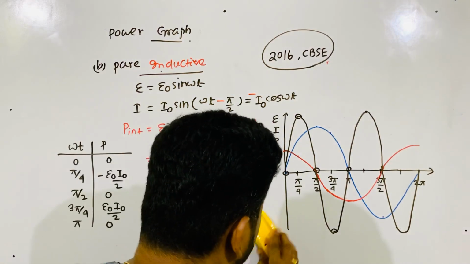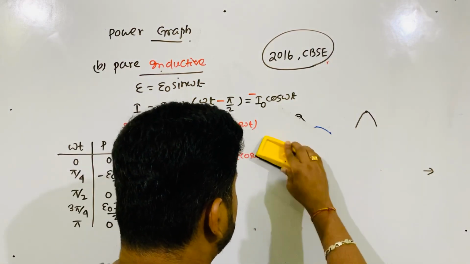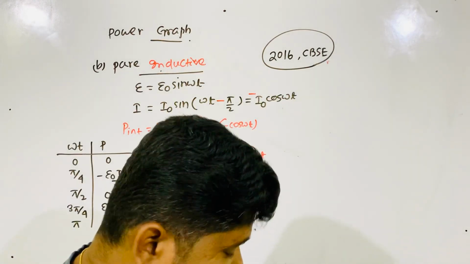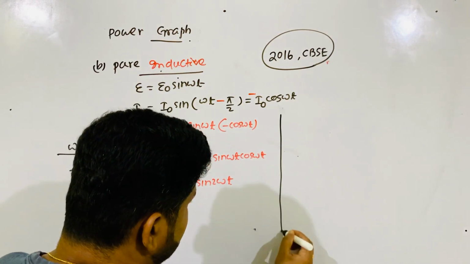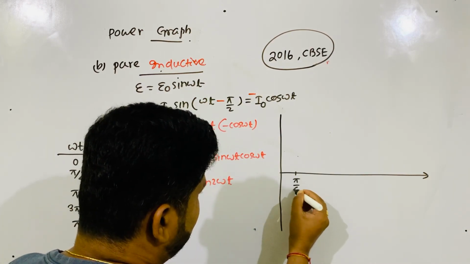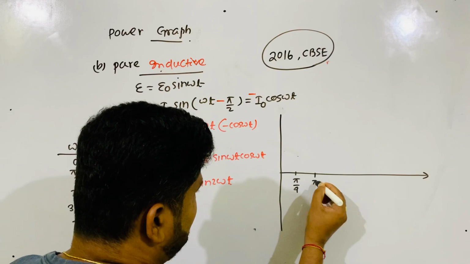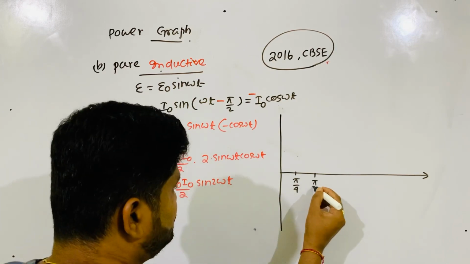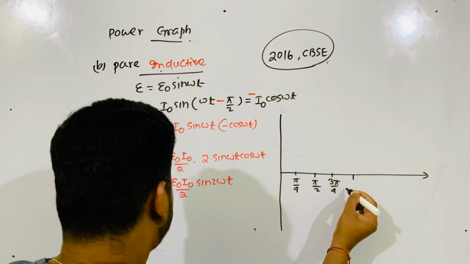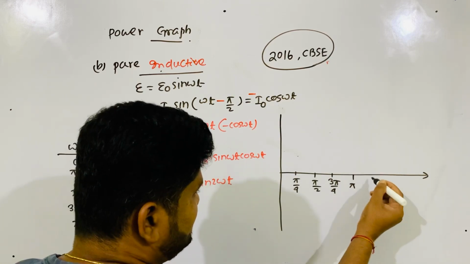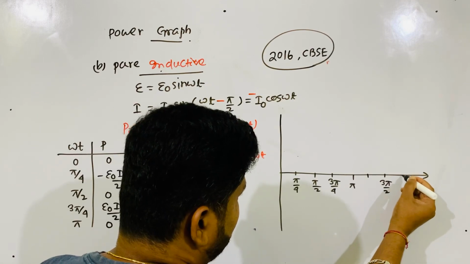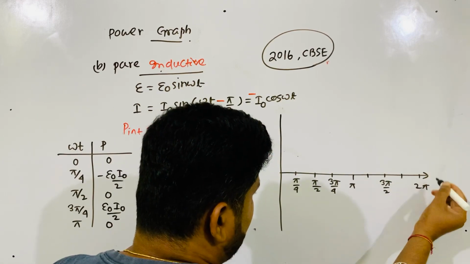After getting the table, you have the curiosity now to draw the power graph. Let's draw the power graph. Again, everything will be drawn on the same graph paper. Here we'll take pi by 4, then pi by 2, then 3 pi by 4, then pi, then 5 pi by 4, then 3 pi by 2, then 7 pi by 4, then 2 pi.